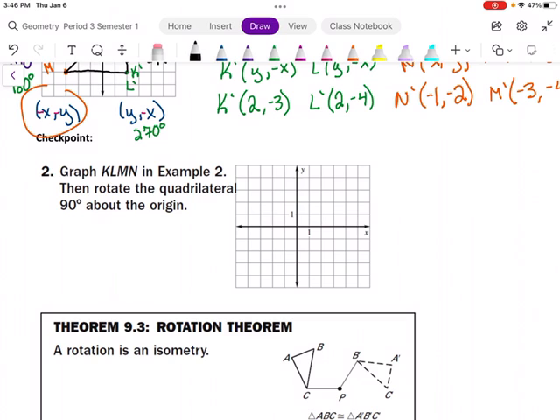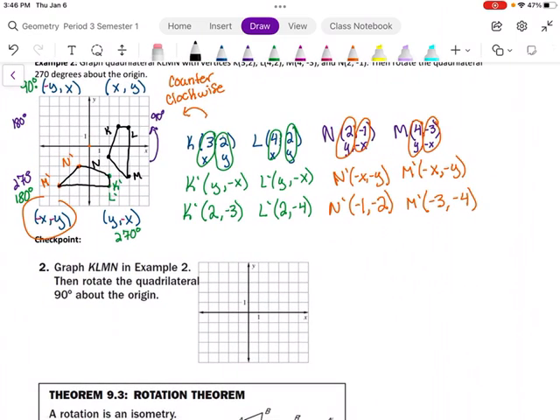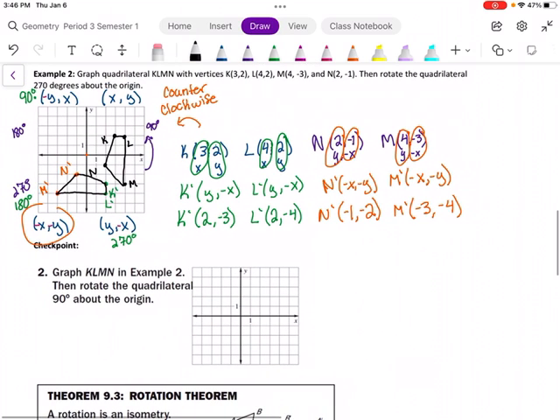Okay. So example 2, we're going to graph the same quadrilateral from the previous example, and then we're going to rotate it 90 degrees about the origin. So let's start with our same coordinate points. K was at 3, 2.